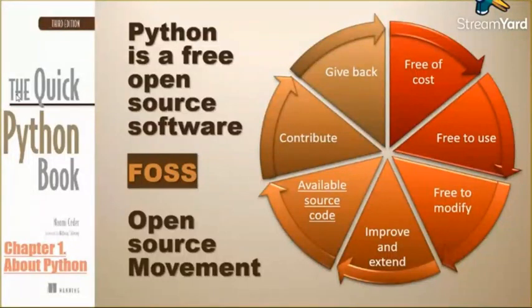It is also recommended that you contribute to the community, either by donating money or by sharing what you have improved of libraries and other applications. Actually, the open source movement is a very interesting topic to study and search.